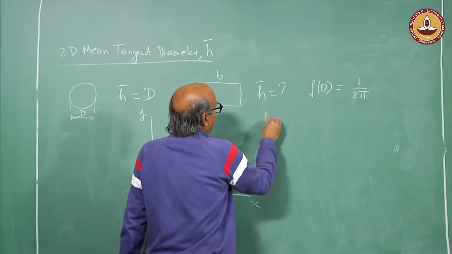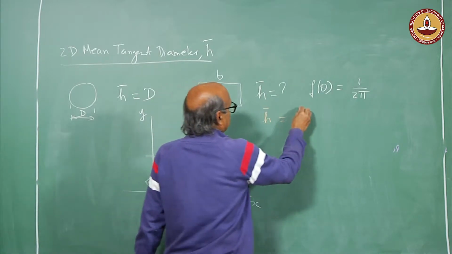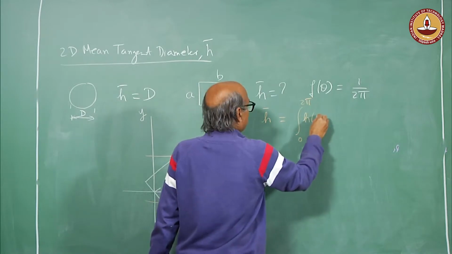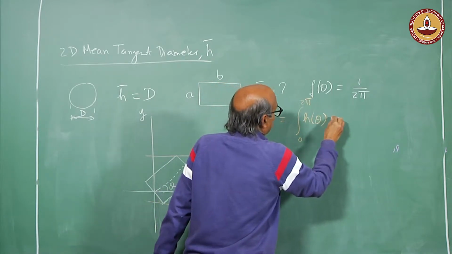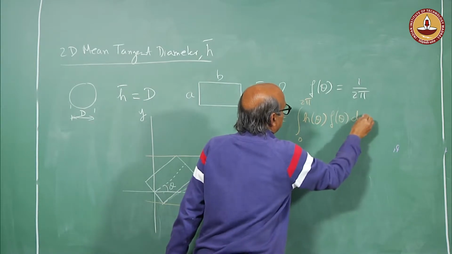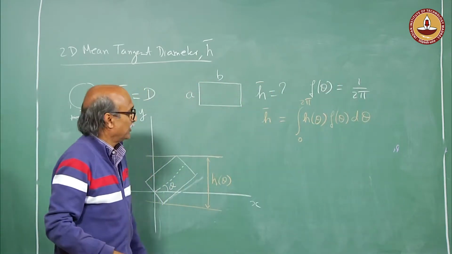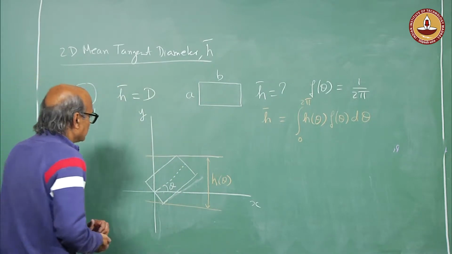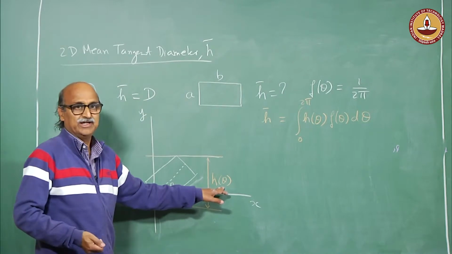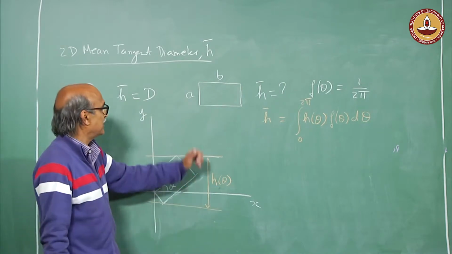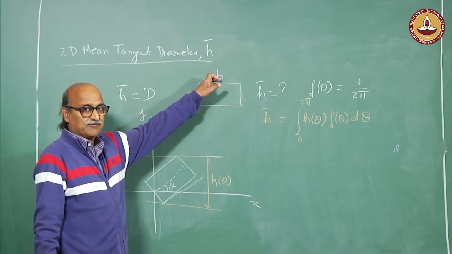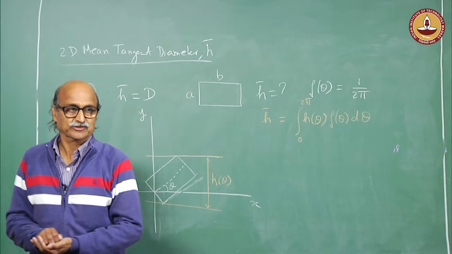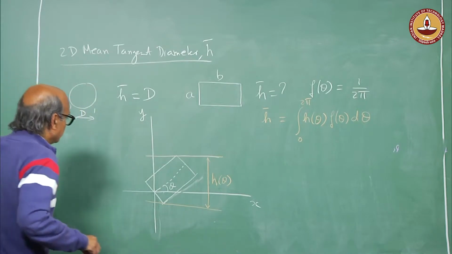Then the mean tangent diameter h bar is simply the integral from 0 to 2 pi of h theta f theta d theta. In order to integrate this, I need to express h theta in terms of theta, a and b. Once I am able to do that, it will be a straightforward job to do this integration. So, let us try this.